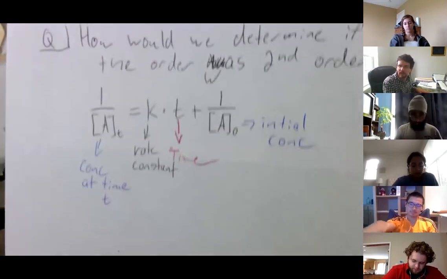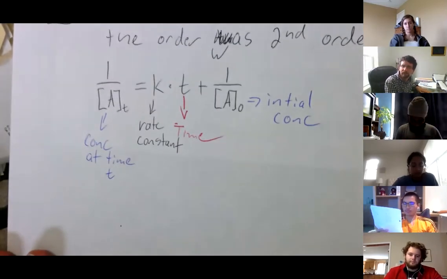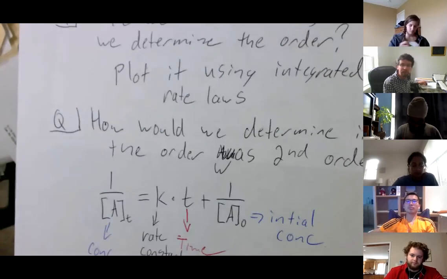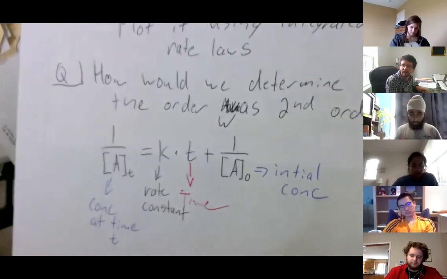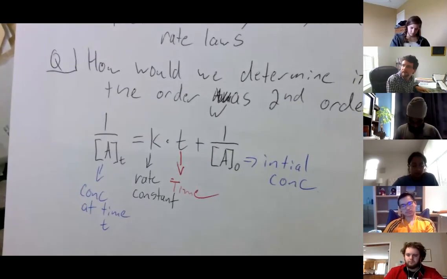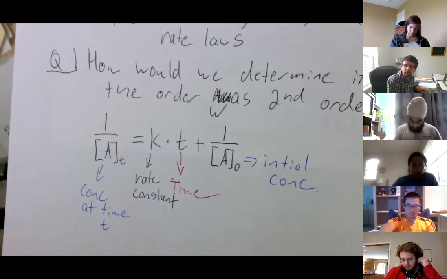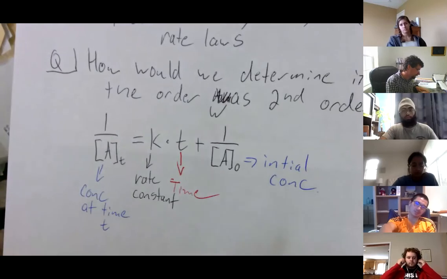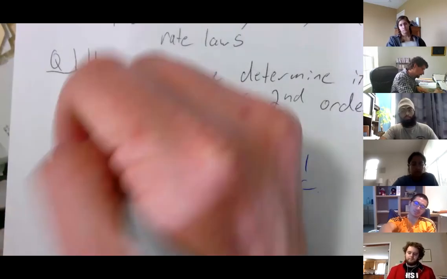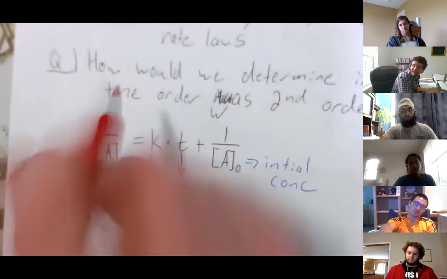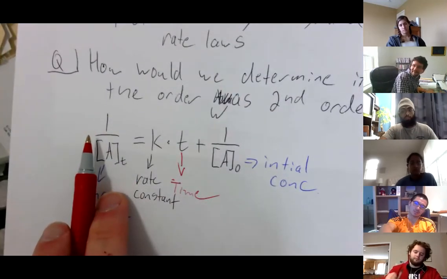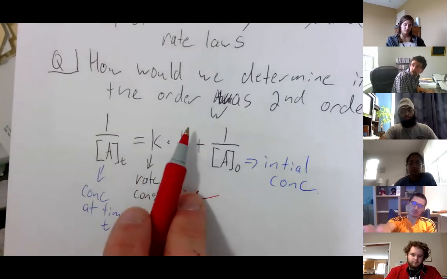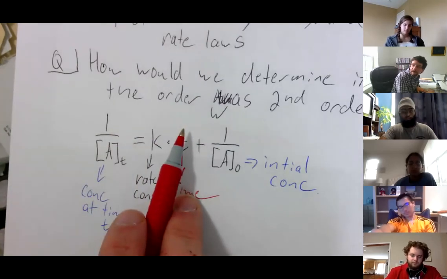Okay, this is actually a linear plot. What's my y in this case, or what's my x? t. Is it just time? Time is which one, x or y? x.